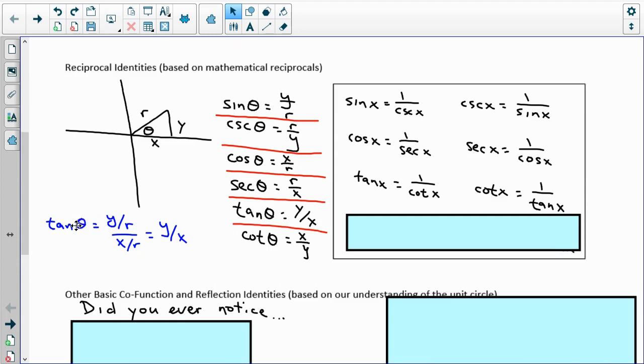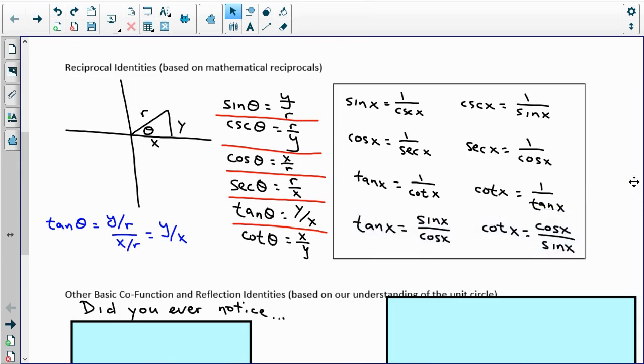So really, I can write tangent not only as y over x, I can write it as sine over cosine. So I can write tangent as sine over cosine, and I can write cotangent as cosine over sine. These are 8 identities you absolutely have to know, and we're going to use these all the time.